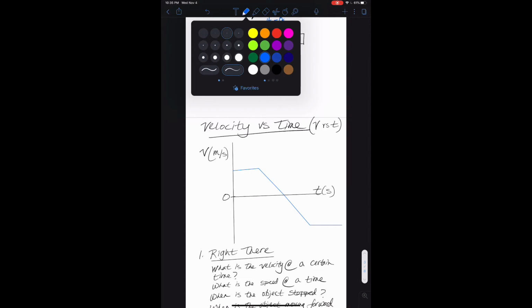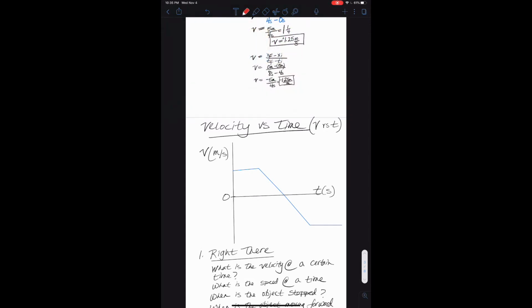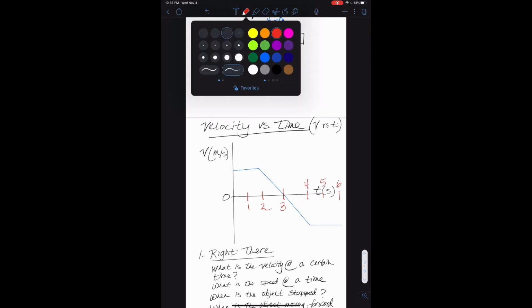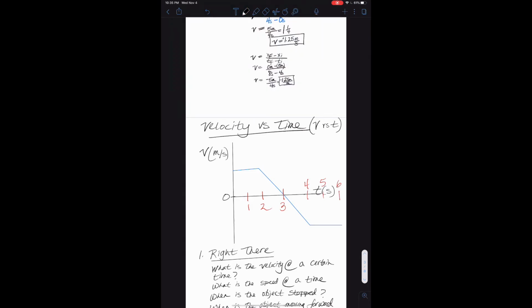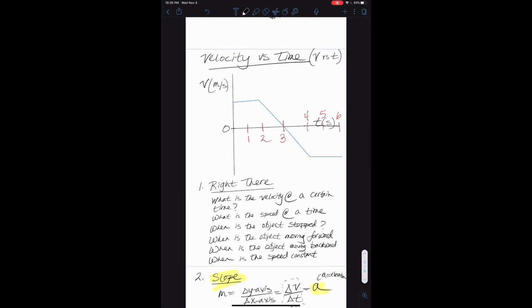Let's go ahead and put some points on here. All right, it's getting a little rough to look at, but we'll try the best we can.